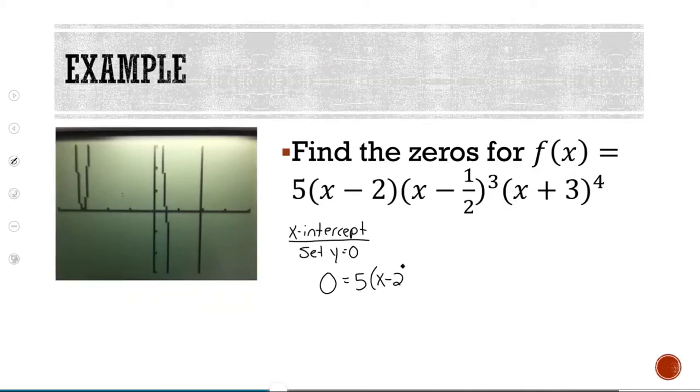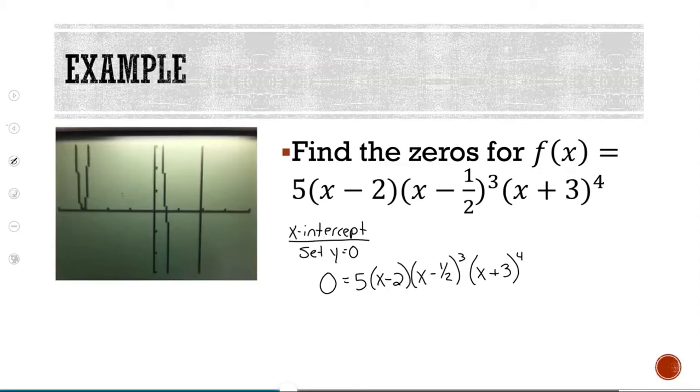Once I've set it equal to 0, what's my next step? Would you multiply it out, or? I don't want to multiply it out because it's going to take me like the rest of the day, right? Yeah. I don't think I want to multiply it out. I don't know that I need to.